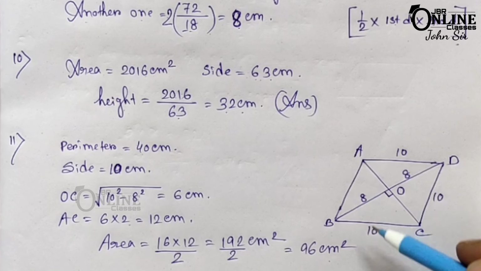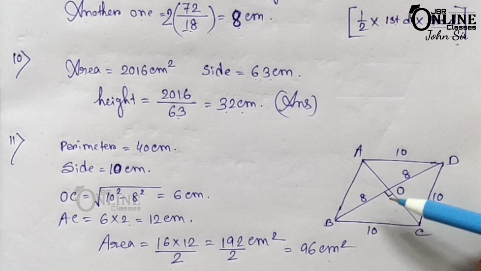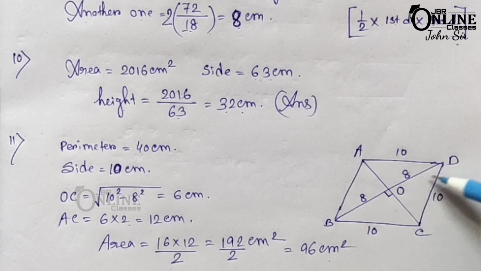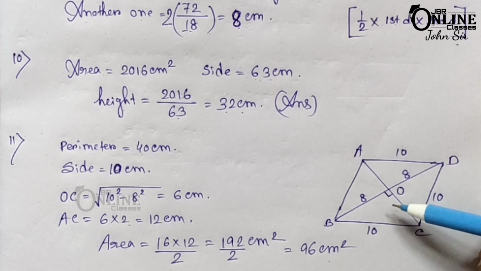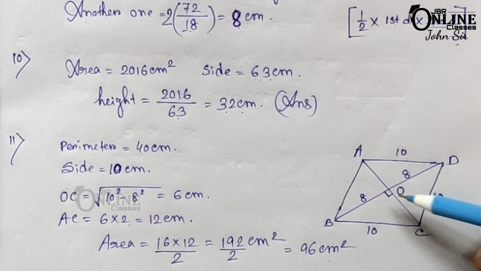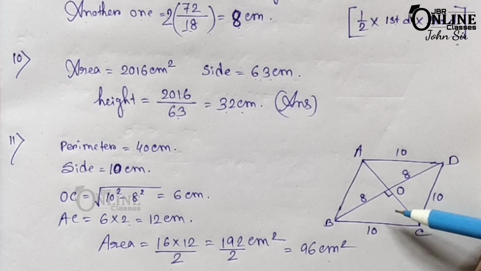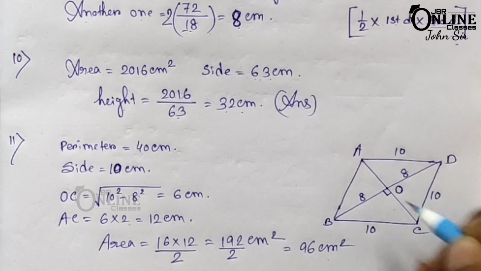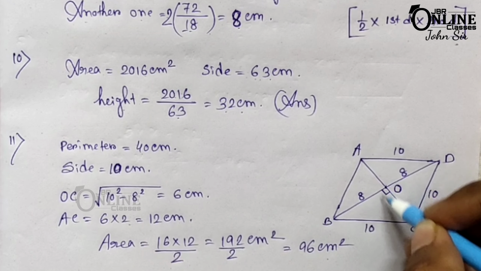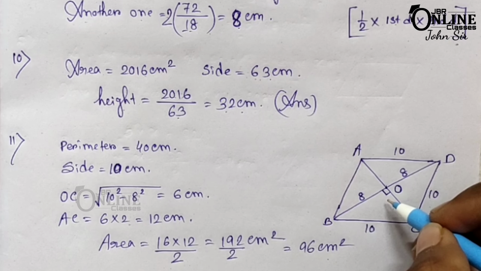In a rhombus, the properties, as here said, are that the diagonals of a rhombus bisect each other perpendicularly. That means at that point, point O, the angles are 90 degree.